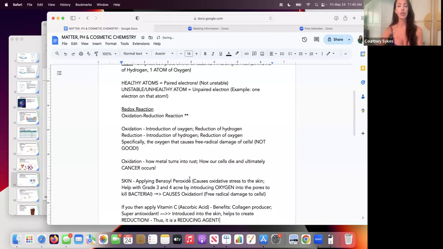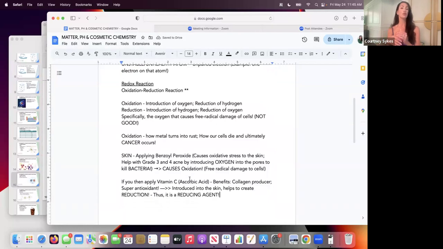You'll have a question on your test about reducing agents. And I just want you to think of that one scenario. Benzoyl peroxide is the catalyst that's causing all these problems, right? It's causing oxidative stress to the skin, whereas you can then apply vitamin C to counteract the efficacy of that, and it will then be the reducing agent.